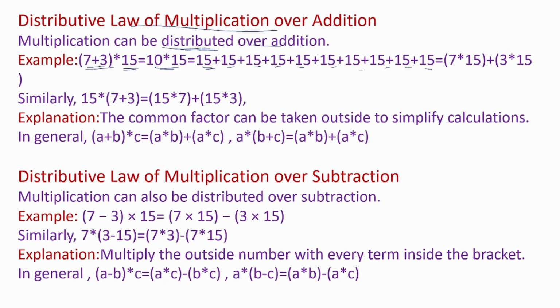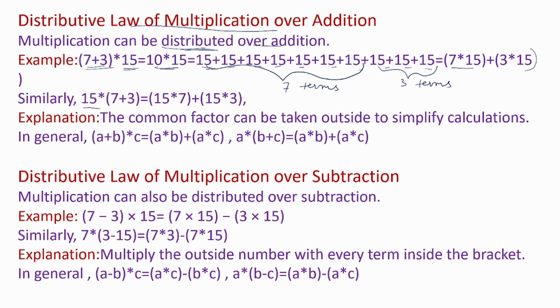We can say here 7 terms of 15 and here 3 terms of 15. That means 7 multiplied by 15 plus 3 multiplied by 15. Understand?